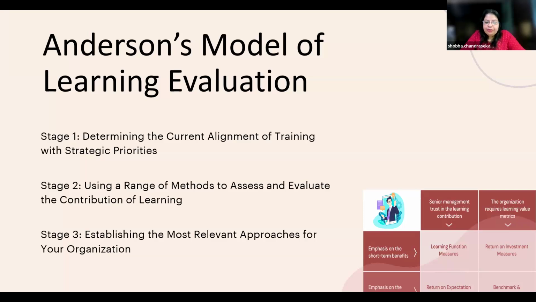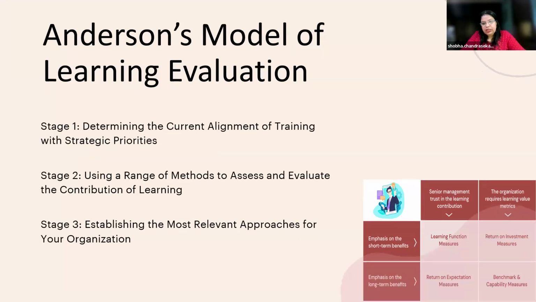Okay, so Anderson's Value offers a comprehensive approach to effectiveness by focusing on the strategic alignment of the business impact. What you see on the screen, the impact can be either short term or long term as well. What is the emphasis in the short term? What is the emphasis on the long term benefits?